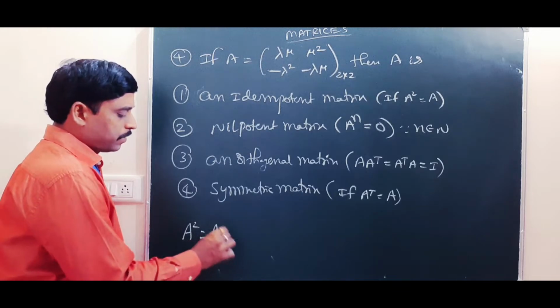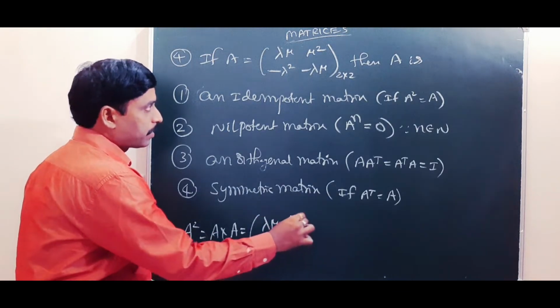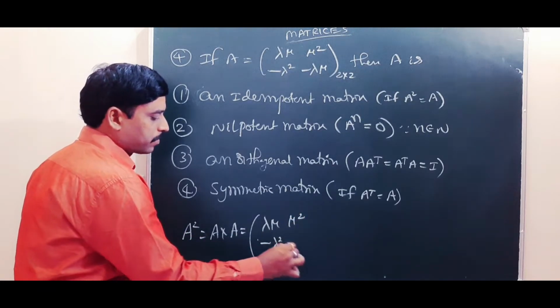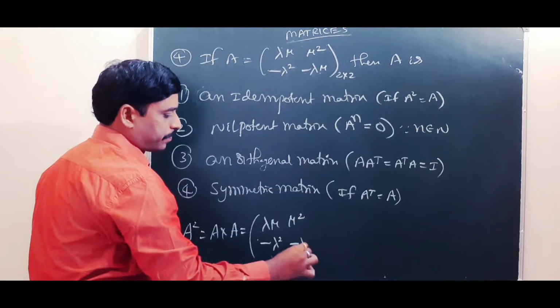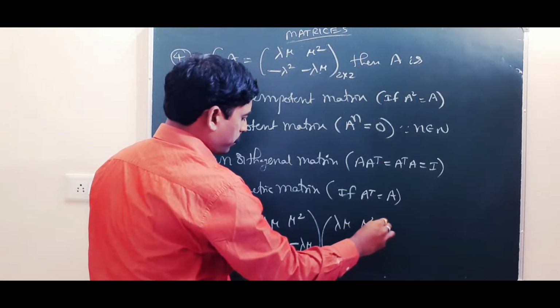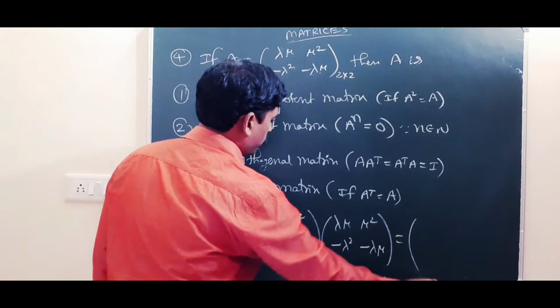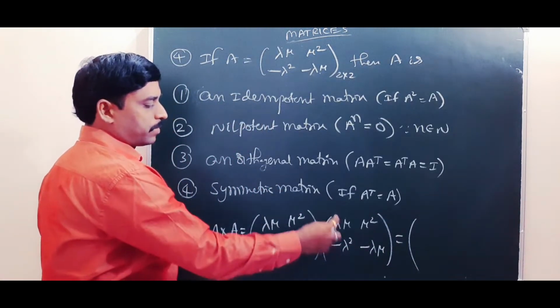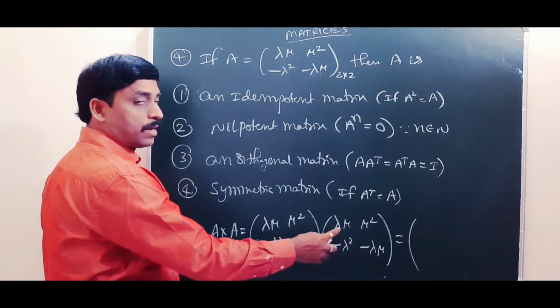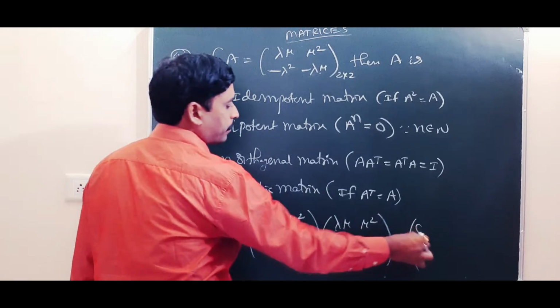So A into A. What is A given? Lambda mu, mu square, minus lambda square, minus lambda mu, into the same matrix. First row multiplied with the first column: lambda square mu square minus lambda square mu square, which is 0.